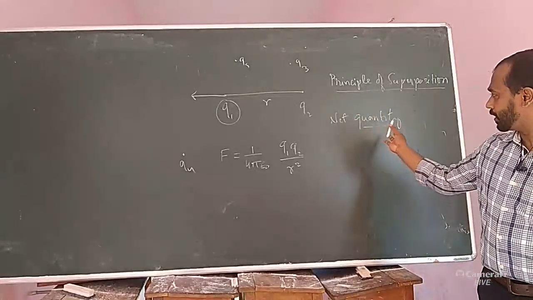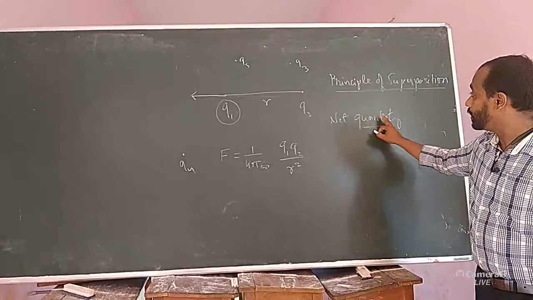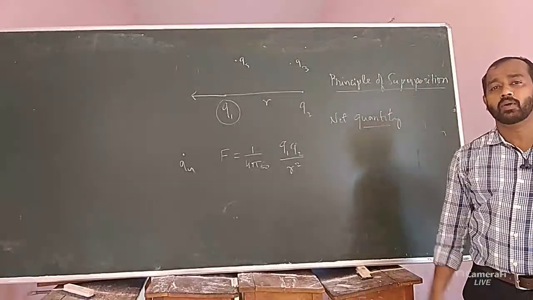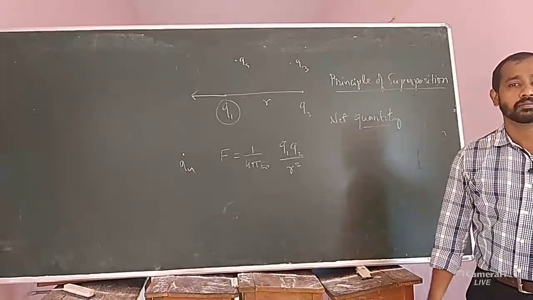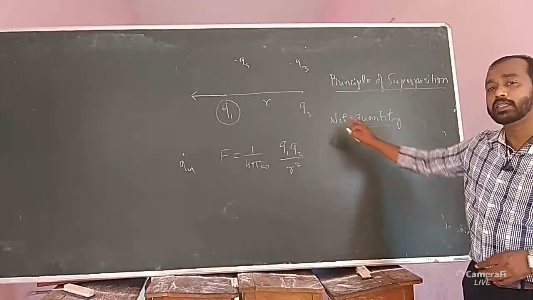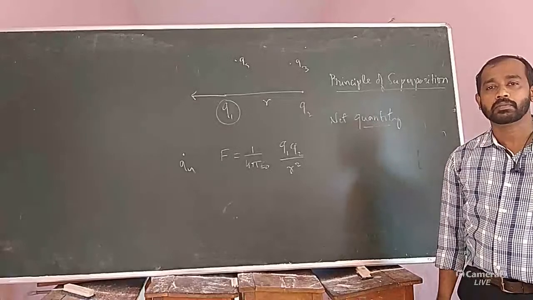Obviously, when we consider the net quantity on a particular thing, it should be equal to the sum of the individual quantities. Net must be equal to the sum of the individual things.